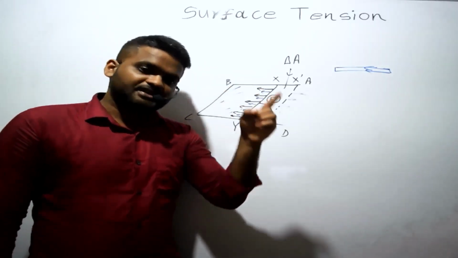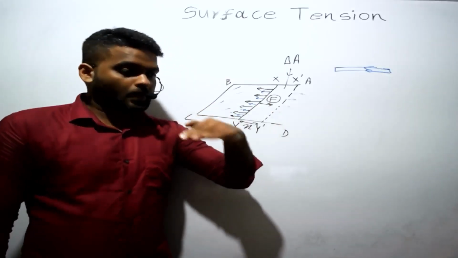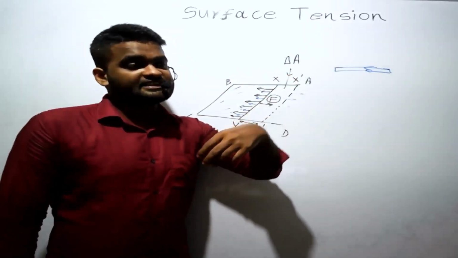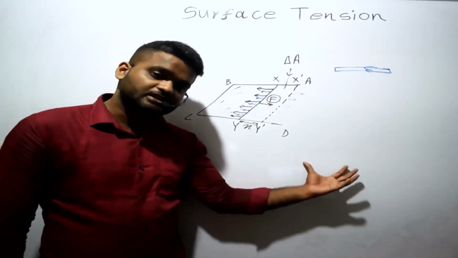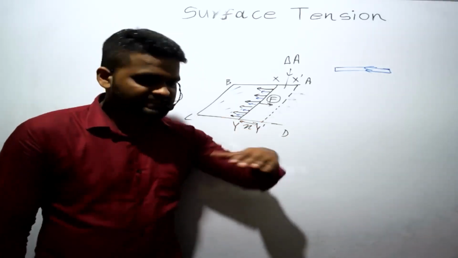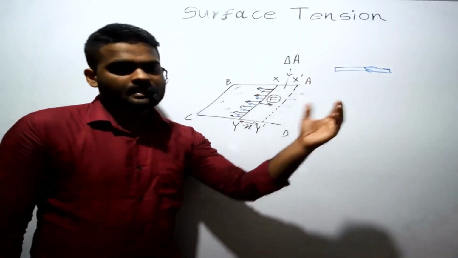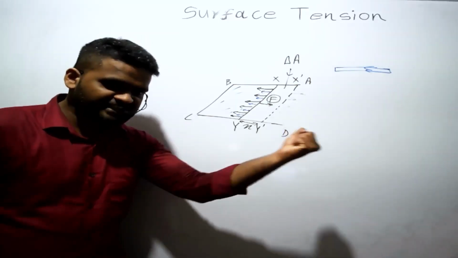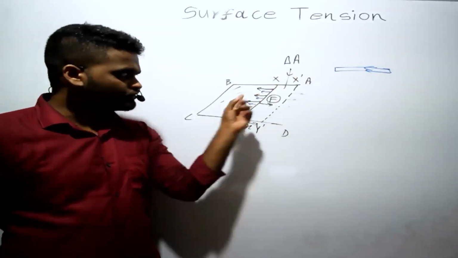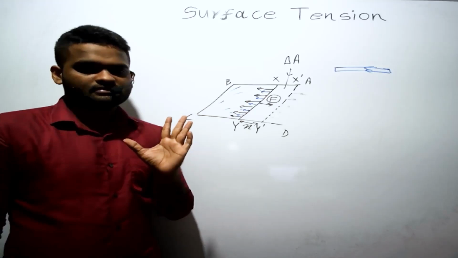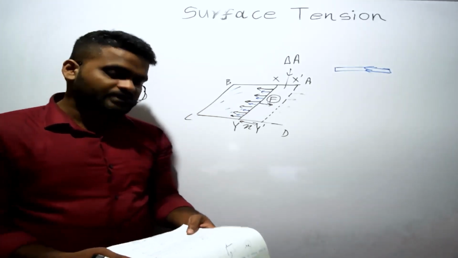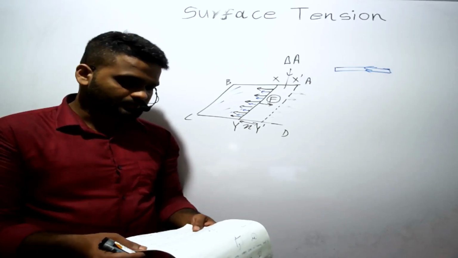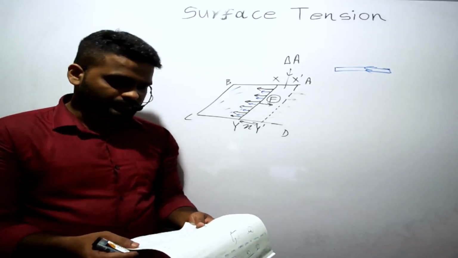If there's a temperature change, it means part of that work done has dissipated as heat. But when we say isothermally, we assume that there's no heat dissipation. The work done is completely converted into the surface energy, right? So that way we can define an equation for this, right?